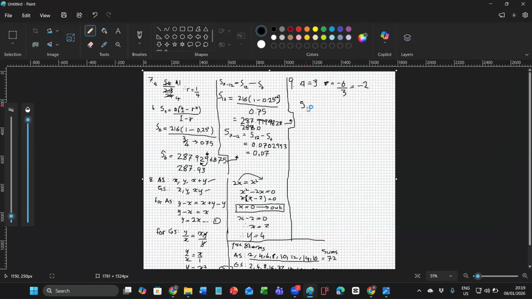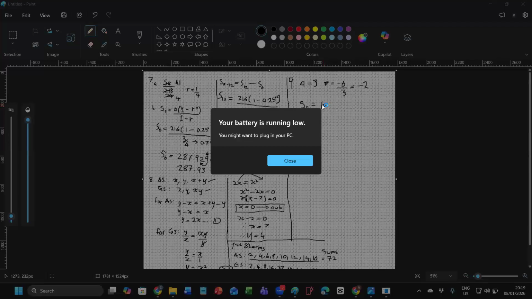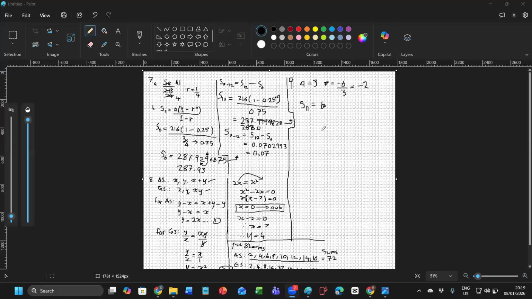The sum is going to be given by Sn equals A into 1 minus R to the power n, over 1 minus R. Oh my goodness, my battery is low. Okay, let's see how far we can go.